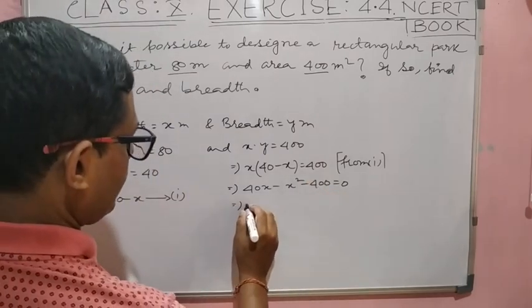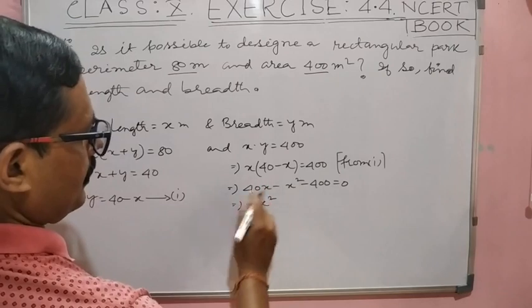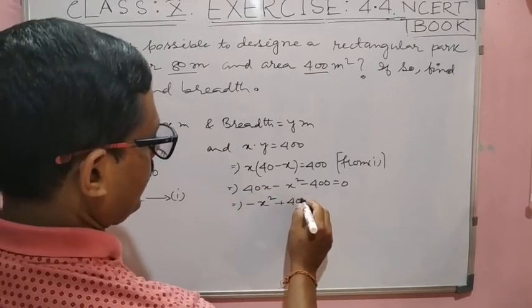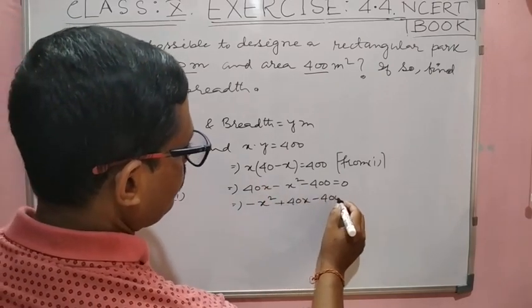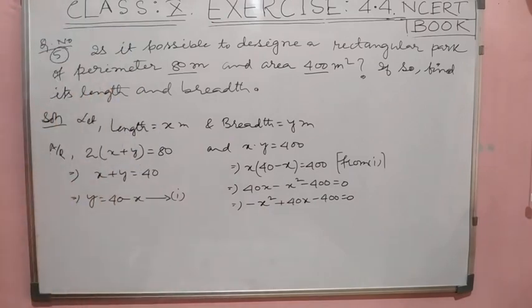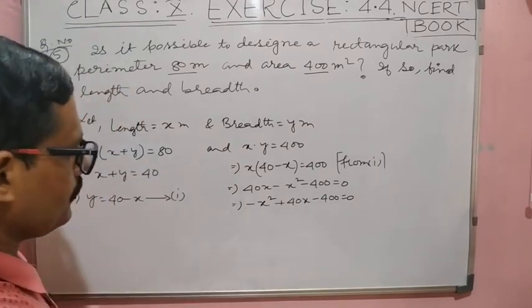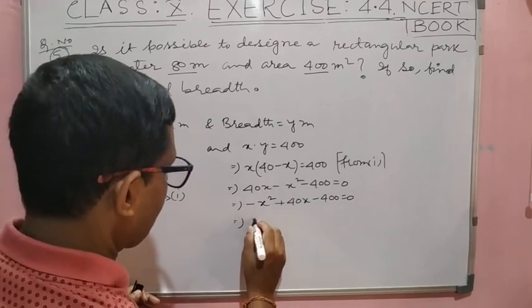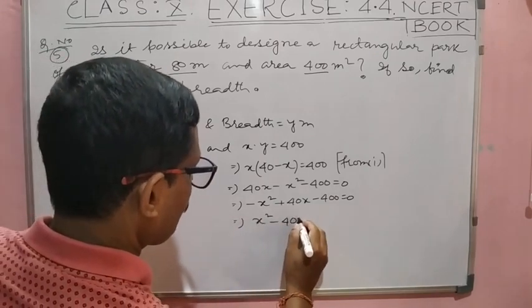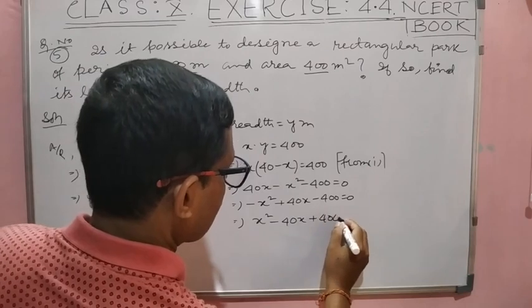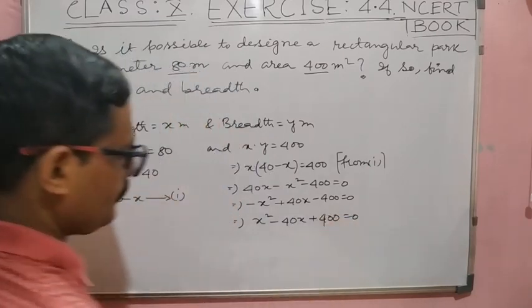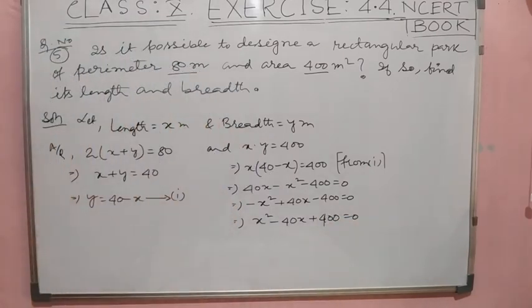So this implies that minus x square plus 40x, writing in standard form ये हो गया. अब इसको माइनस से मल्टीप्लाई कर दो तो x square minus 40x plus 400 equal to 0.